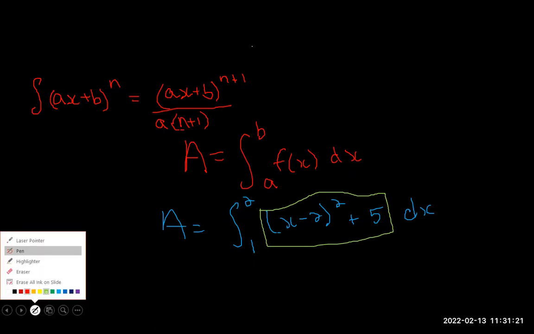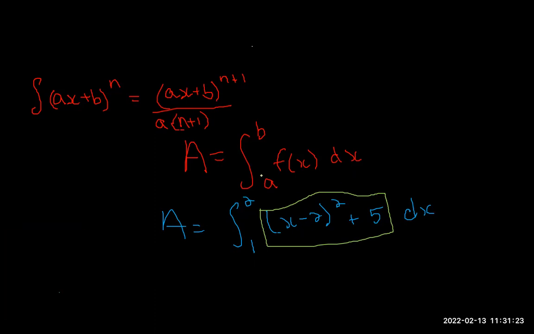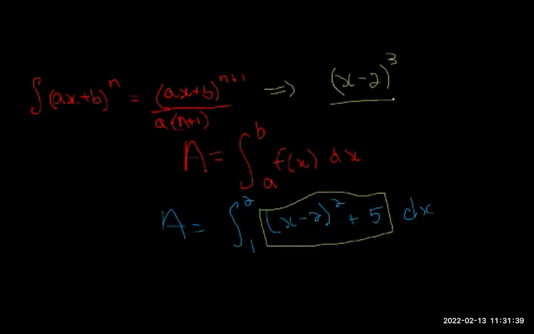So now apply my rules to integrate this right here. If I follow this, I'm going to get (x minus 2) to the power of 3. Why? Because 2 plus 1 is 3, right? Divided by 3, since I'm still doing the n plus 1, but multiplying it by a.